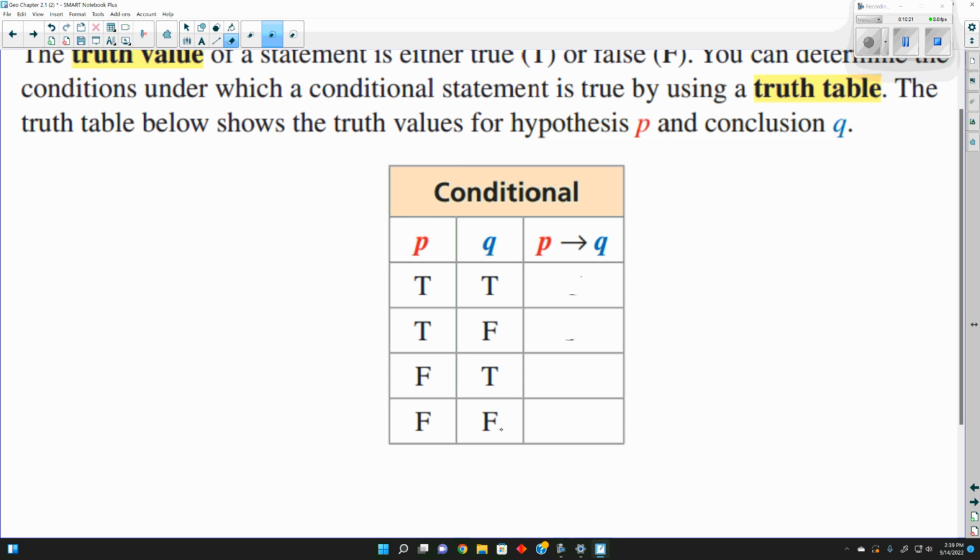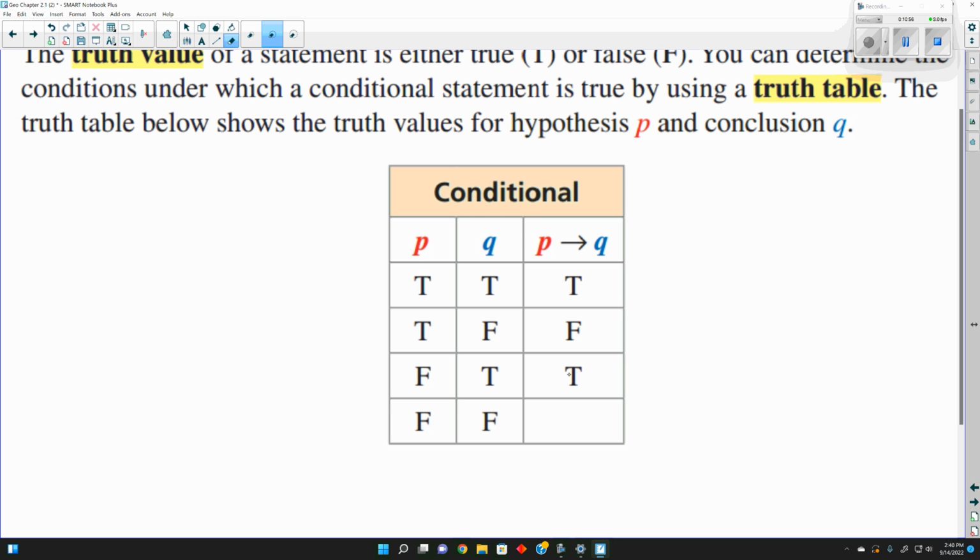Now, if both statements are true, the statement itself is going to be true. Let me back up. If the hypothesis is true and the conclusion is true, the whole statement would be true. If the hypothesis is true and the conclusion is false, the whole thing is false. If our hypothesis is false and the conclusion is true, the whole thing is true.